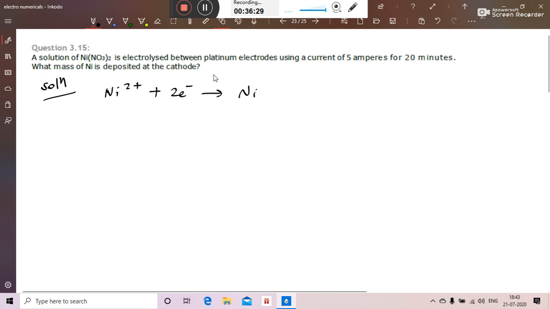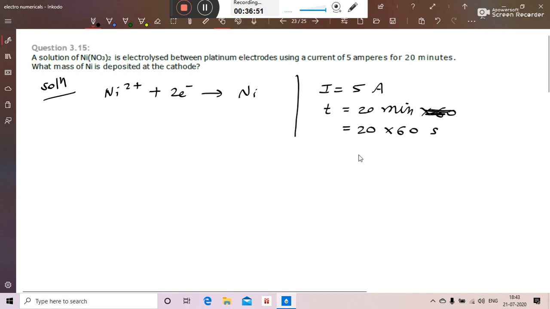So here current I is equal to 5 ampere and time equal to 20 minutes, and 20 minutes in seconds will be 20 into 60. So that is equal to 1200 seconds.